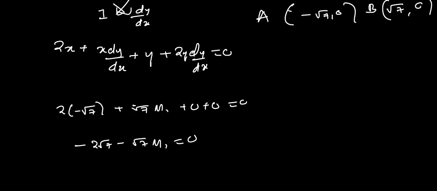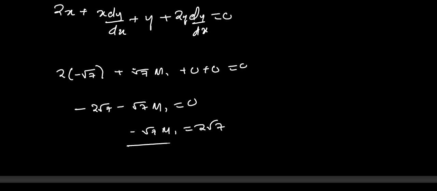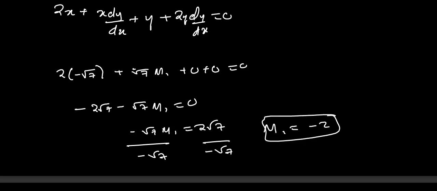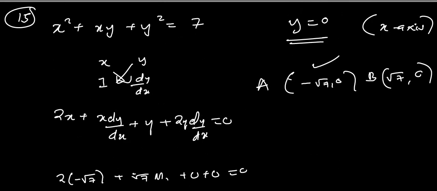This is just going to be root 7 m1 is equal to negative 2 root 7, meaning m1 is just equal to negative 2. That's what we get.